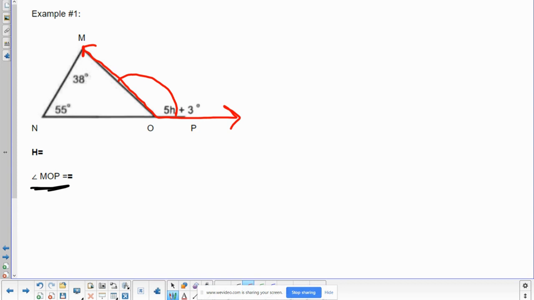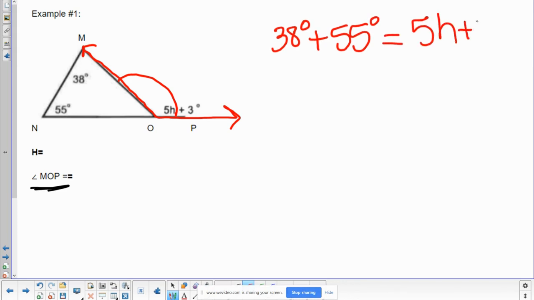Well, quickly, I can show you both ways. We'll do the exterior angle theorem first. If we have these two angles inside that are opposite, 38 degrees plus 55 degrees, that is equivalent to the exterior angle of 5h plus 3 degrees. Remember, when you add these two up together, they equal the exterior angle.